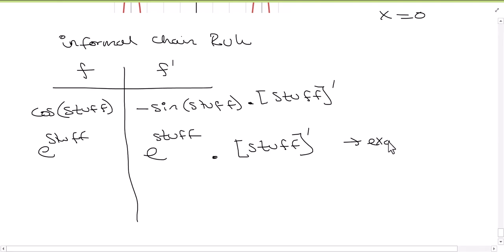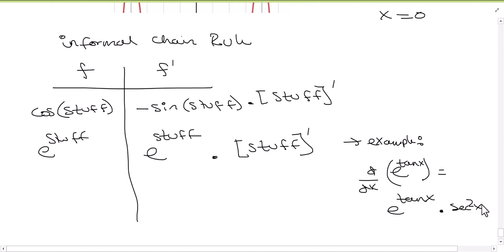So an example of something like this is, say, my function, I want to find the derivative of e to the tangent x, right? Then the derivative of this will be e to the tangent x, you get the exponential back, times, by chain rule, the derivative of tangent, which is secant squared x.